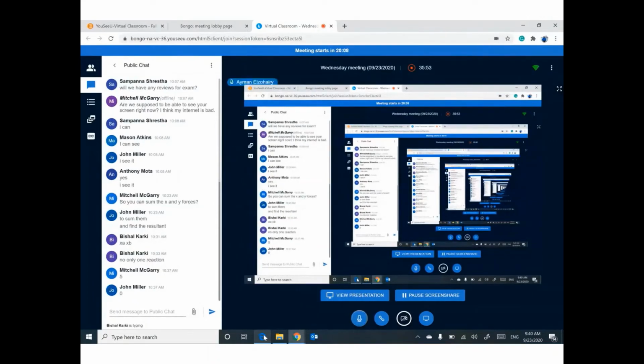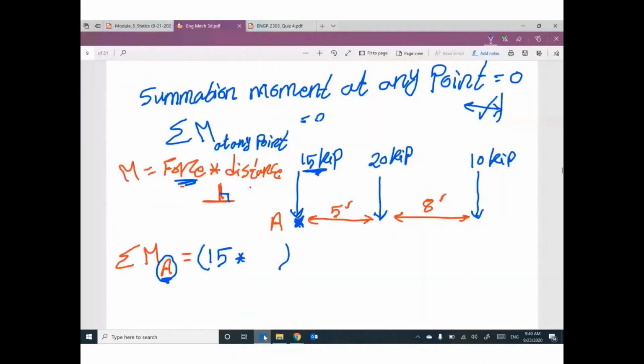Thank you, John. Yes, it's 0. Mitchell, I am sitting at point A because you are taking a moment at A. And I'm talking about 15. My question is, what is the horizontal distance between force 15 and point A? 0.